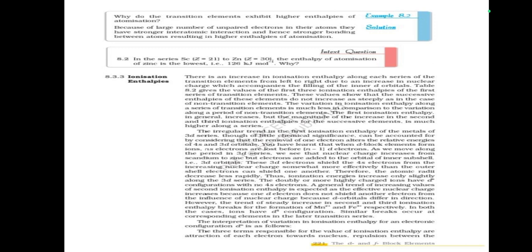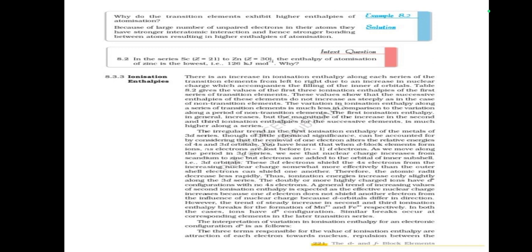The ionization enthalpy in general increases along the series of transition elements, but the magnitude of the increase in the second and third ionization enthalpies for the successive elements is much higher along the series. The irregular trend in the first ionization enthalpy of the 3d series, though of little chemical significance, can be accounted for by considering that the removal of one electron alters the relative energies of 3s, 4s and 3d orbitals.